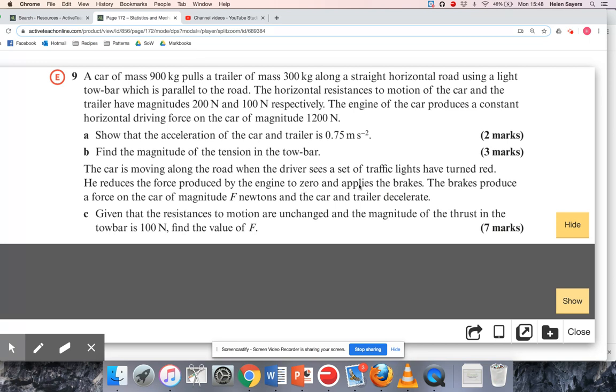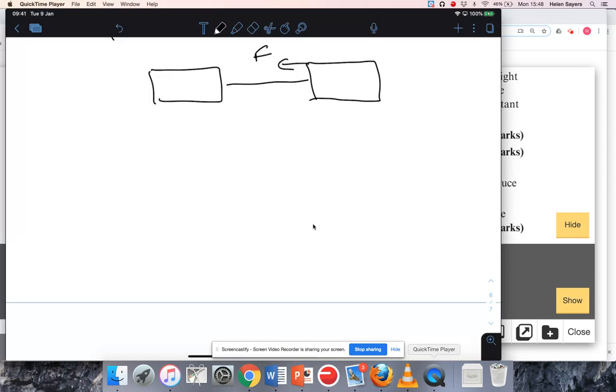So there's no longer a driving force, but he is applying the brakes, and they are going to provide a resistive force on the car. So this is my car, which was 900 kilograms. This is my trailer, which was 300 kilograms.